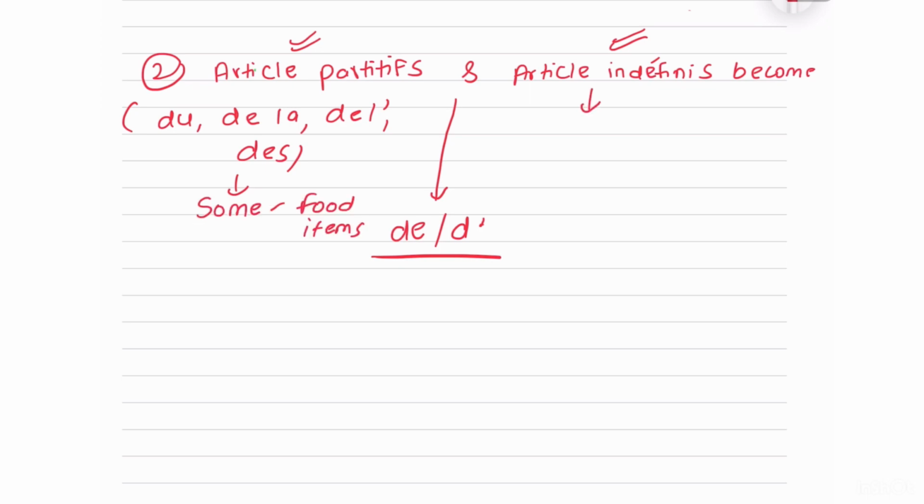Article indéfini is your un, une, des, basically "a," "an" or "some." These also come before a noun, like a pen, a phone, a bottle, or some crayons. All of this becomes DE or d' in French.